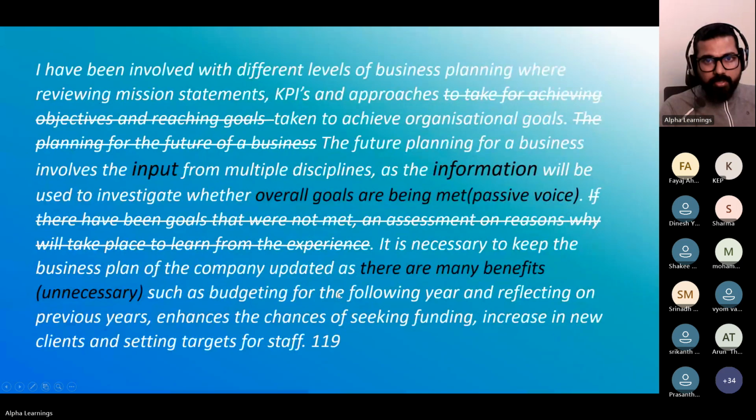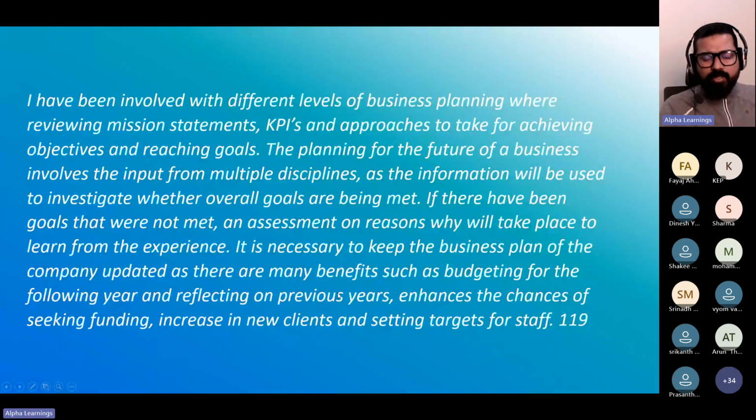This is one example I am trying to bring to you, of how you should not write a sentence in your SOE. You can see there are a lot of long sentences in this SOE. It's very difficult for the reader. It's very stressful for the reader to read and make sense of the sentences.